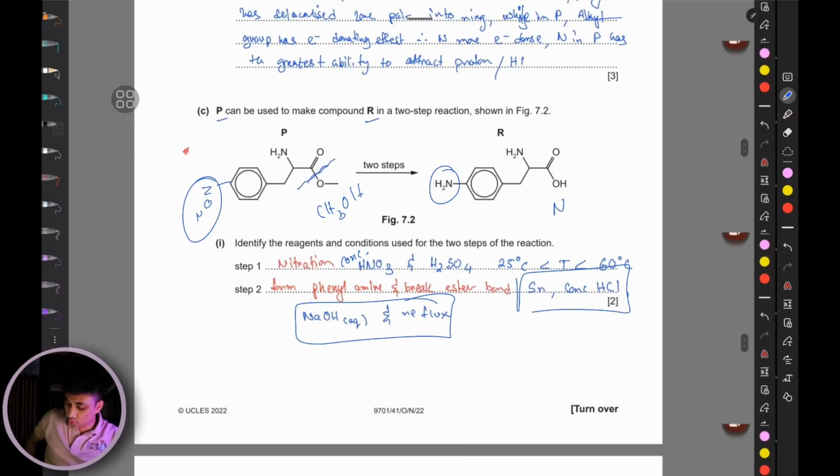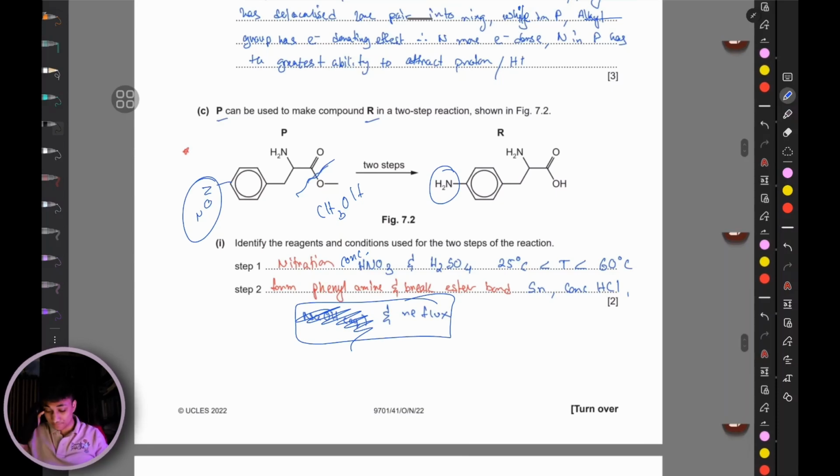You can go through anything, NaOH or acidic reflux, both are going to work. Even in acidic conditions, you'll be able to break. So in both acidic and alkaline conditions, you'll be able to hydrolyze the structure, that is break the ester bond.